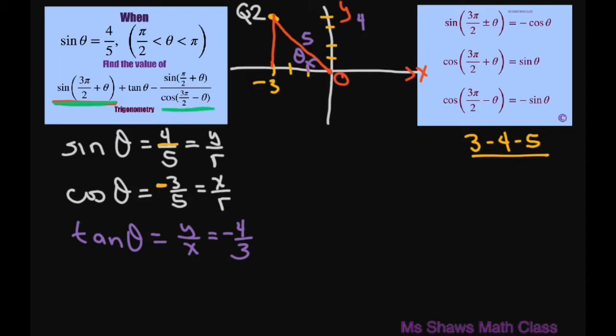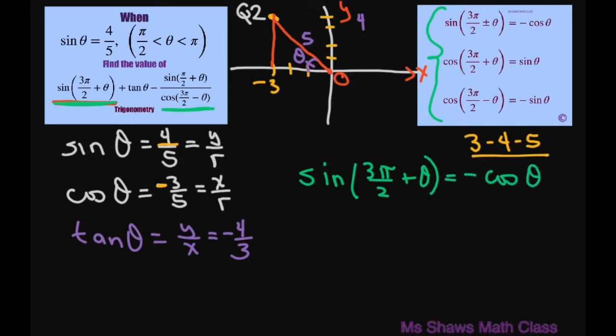I just wrote some reference angles or some identities here. So sine of 3 pi divided by 2 plus theta is equal to negative cosine of theta. Your cosine of theta is negative 3/5, so that equals 3/5.